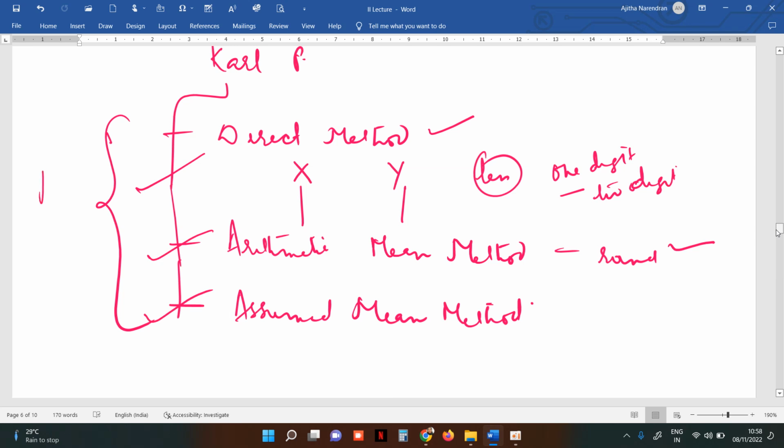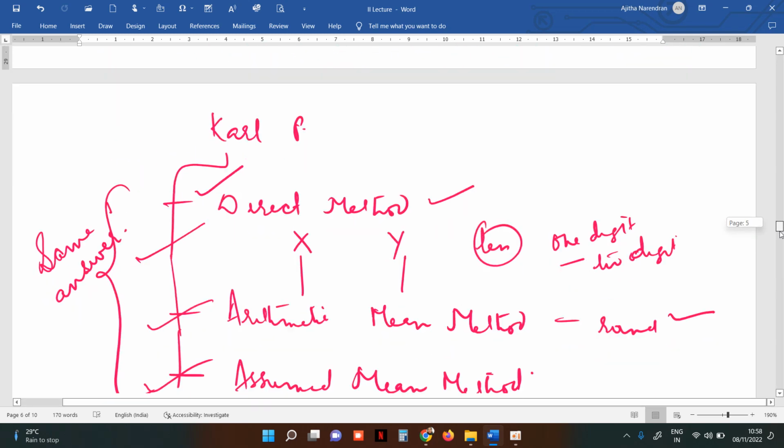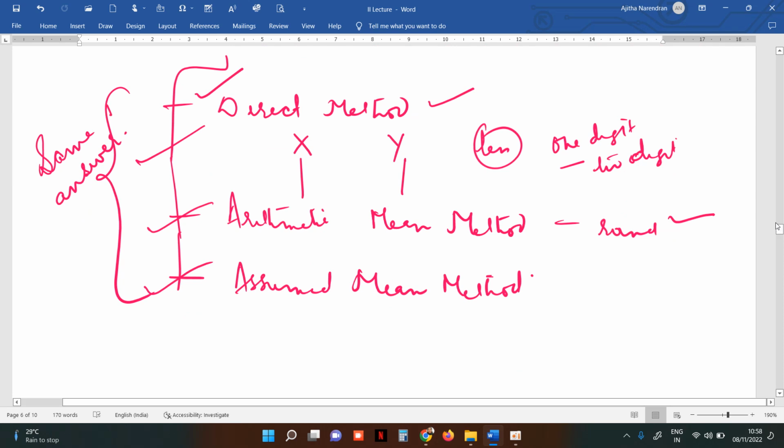Whatever method you use, you will get the same answer. That is why Karl Pearson's coefficient of correlation is widely used, and it is a rigid formula where everyone computing with the same figures gets the same answer.